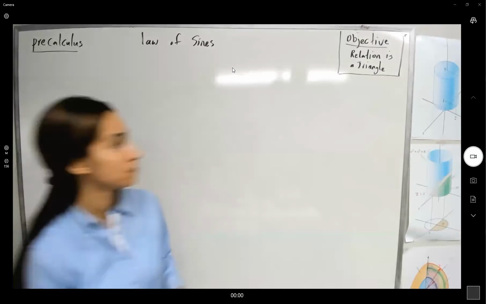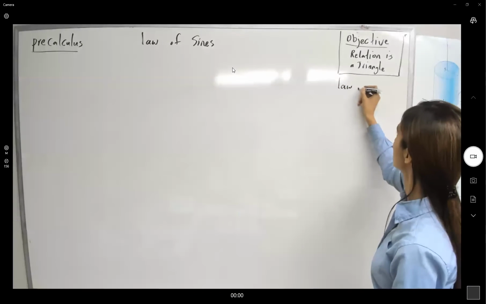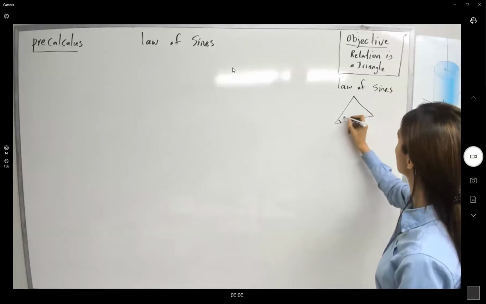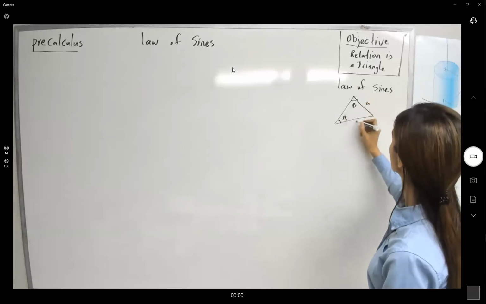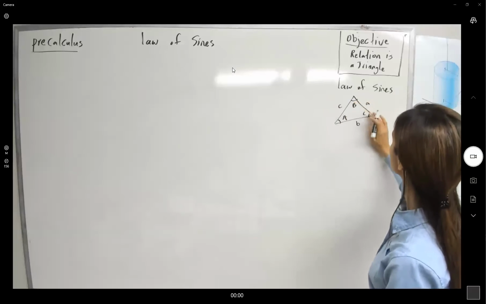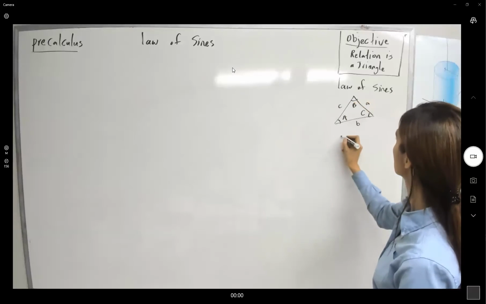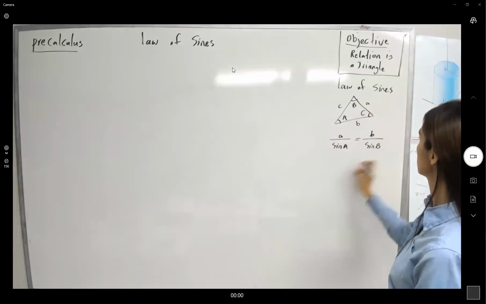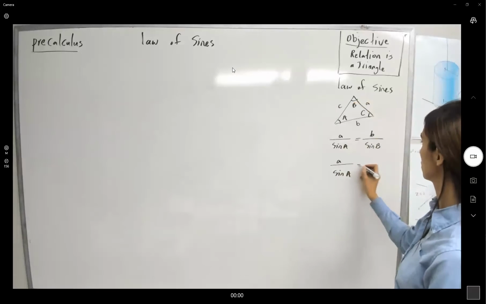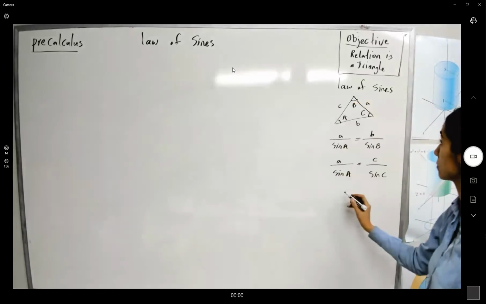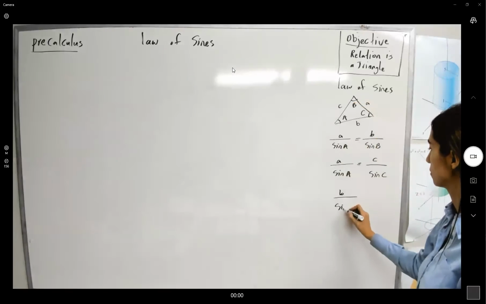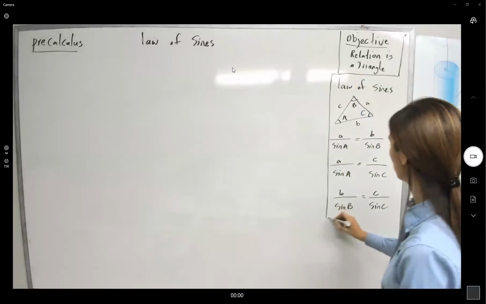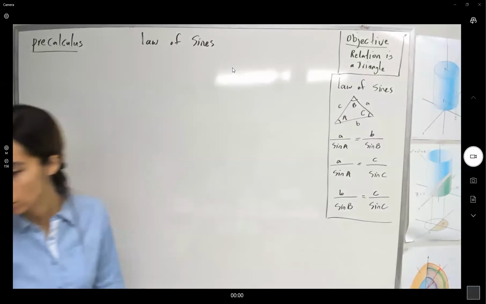On the right-hand side, law of sines. So we have these relations between these fractions. They are all equal to each other.